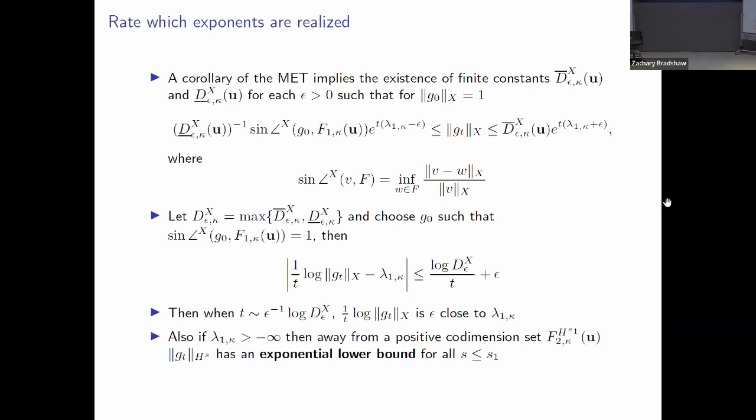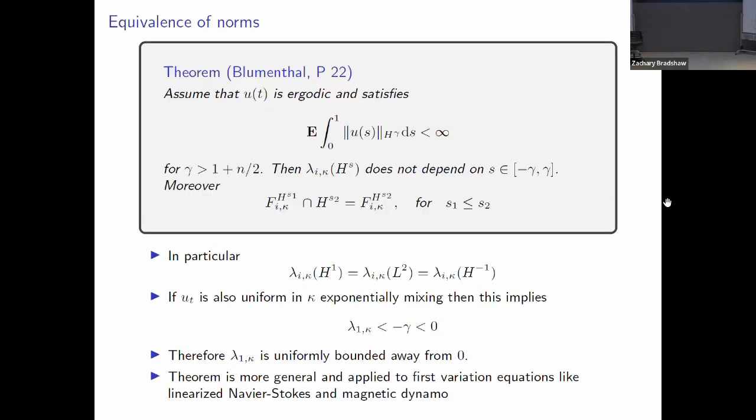So immediately, a corollary of this theorem. One slide. Your assumption is the expectation over the time interval from 0 to 1. Yeah, it's ergodic too, so it's okay to just do it in one time step.